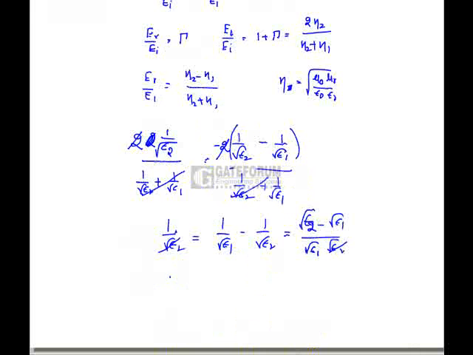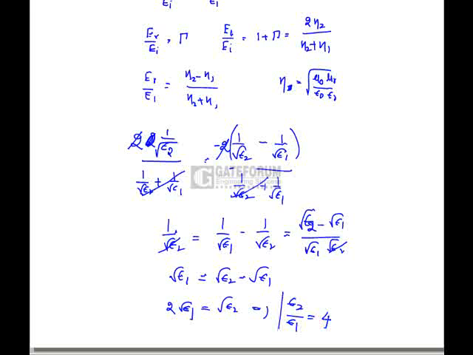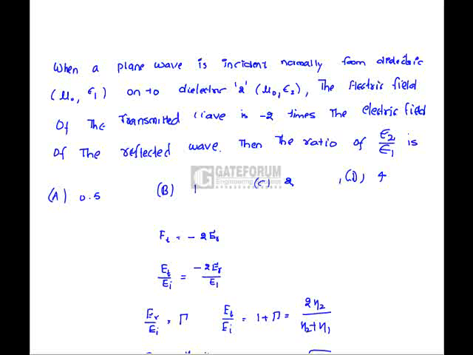After cancelling, root epsilon 1 is root epsilon 2 minus root epsilon 1, so 2 root epsilon 1 is root epsilon 2. From this, epsilon 2 by epsilon 1 is 4. Hence option D is correct.